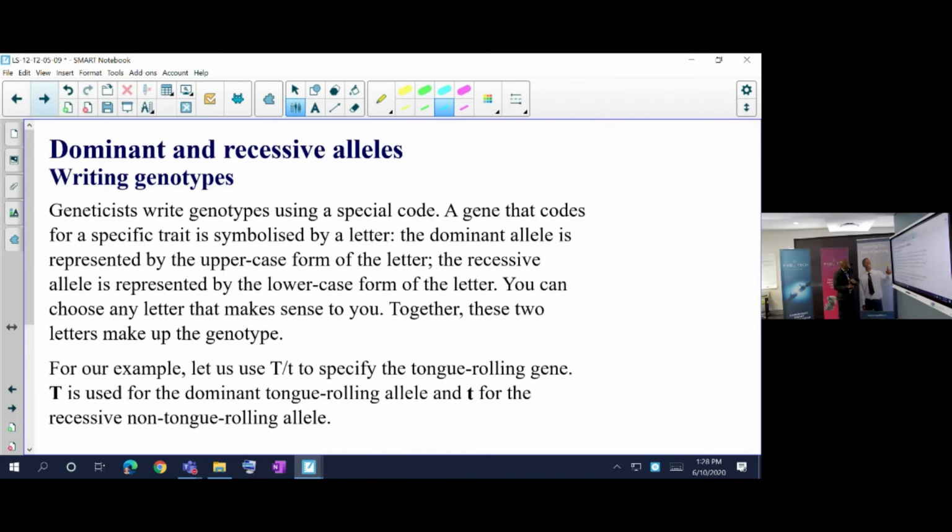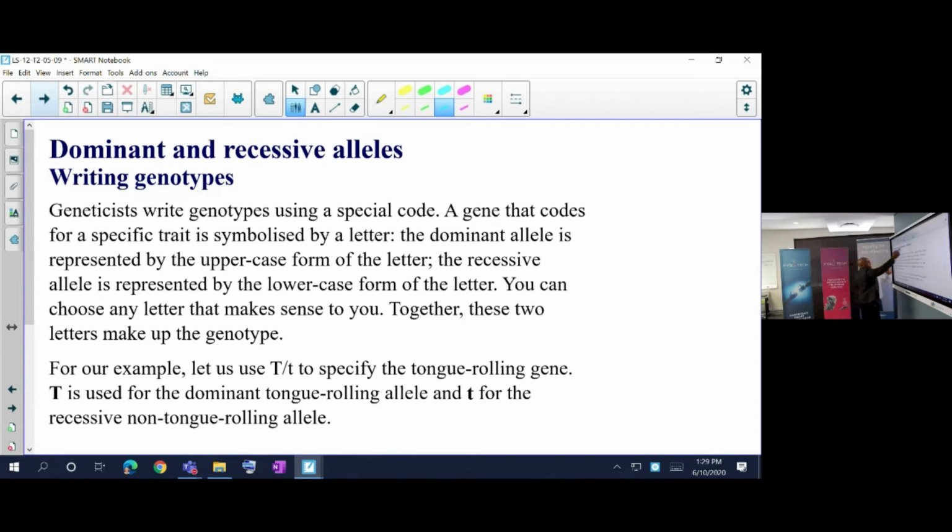You will try when you get home, to see if you are a tongue roller or a non-tongue roller. Right. Let's come to the scientific method of expressing or writing our genotypes. Geneticists use a special code to represent genotypes. We use letters of the alphabet to represent genes.